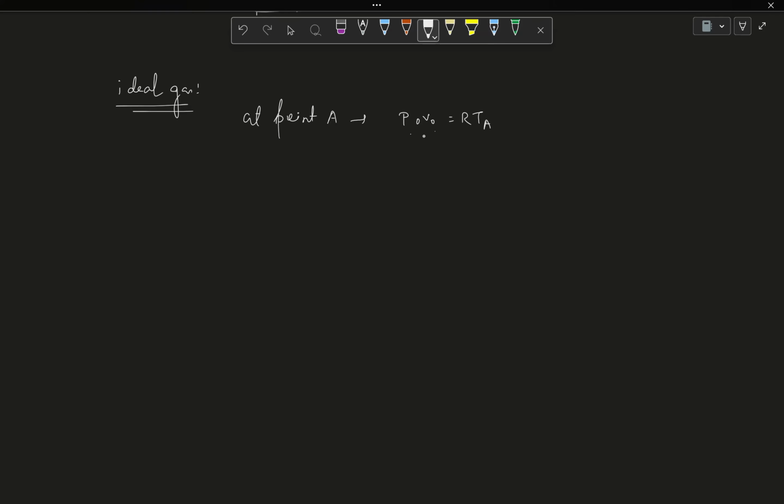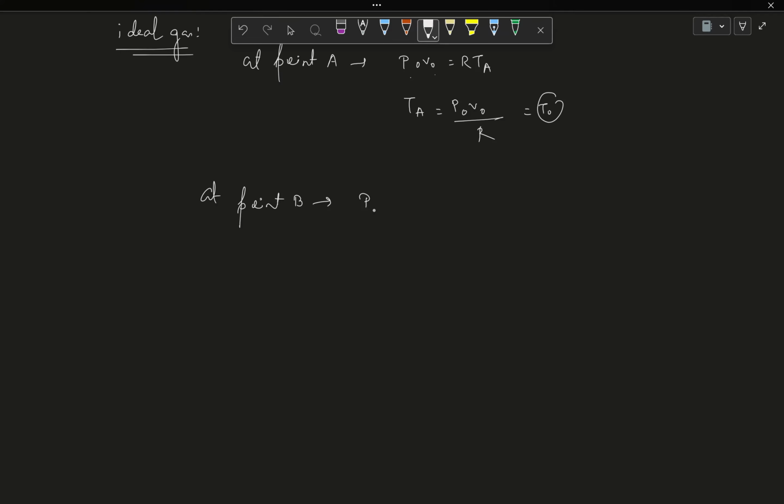Similarly at point B, no matter what point you go to, this is still an ideal gas, right? So this will follow the ideal gas expression. Now at point B the pressure has remained P0, but the volume has changed to 2V0. So this is P0 into 2V0 equal to R into Tb.